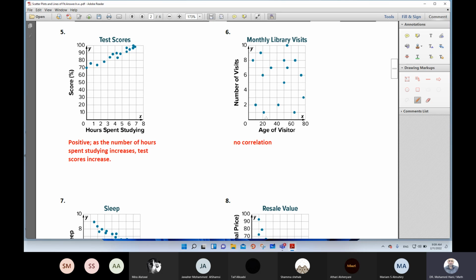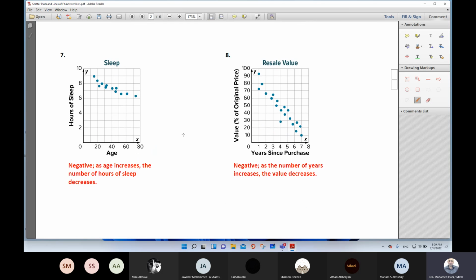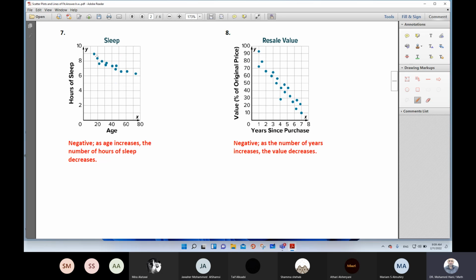Means no correlation. And here, as you see, we have increase in the x-axis, but decrease in the y-axis. So the correlation here means negative. So as age increases, the number of hours of sleep decreases.